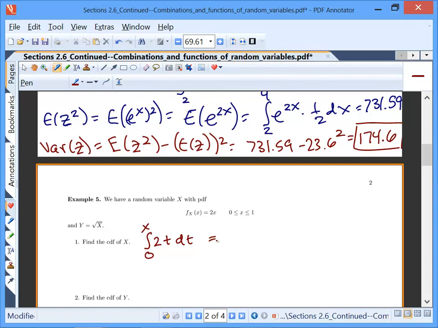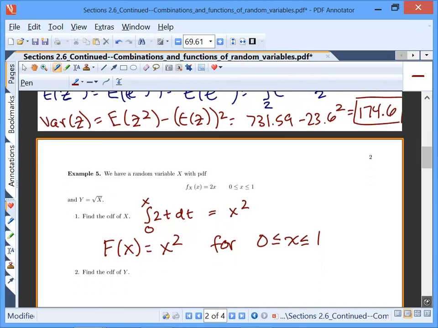Okay, what should it give me? It should just be x squared. So my CDF, capital F of x, is x squared for what x values? My bound should still be from 0 to 1. So that's how I find the CDF of x.